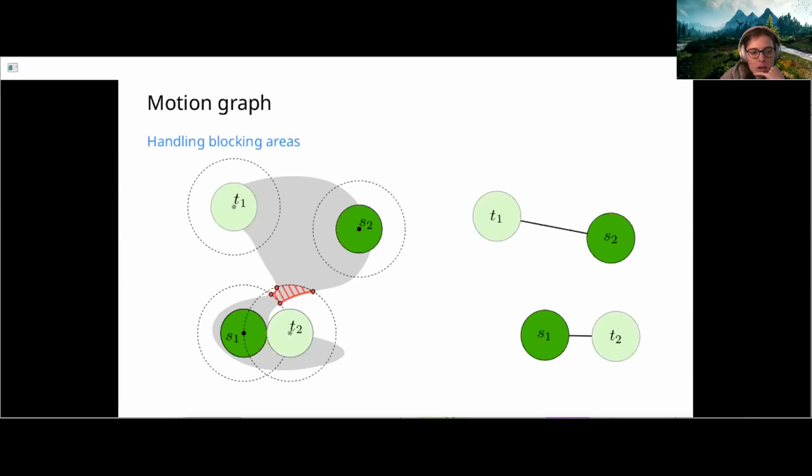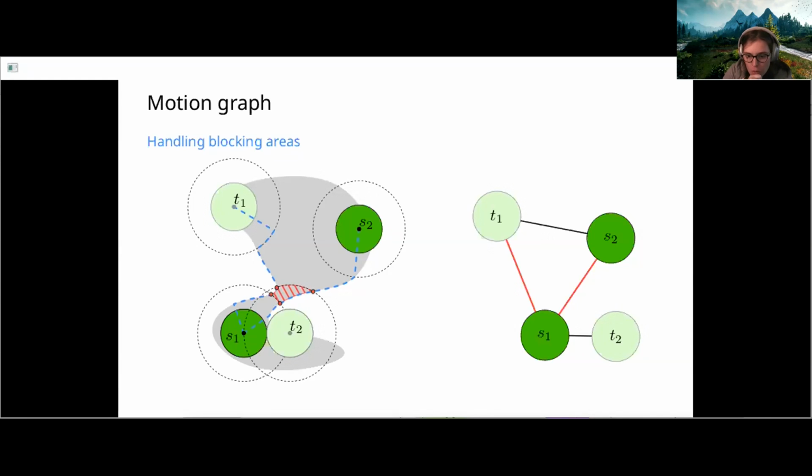The way that we do it is we connect the start node that contributes to the creation of this blocking area to the blocking area, and then clockwise and counterclockwise to the nearest nodes on the other side of the blocking area. So here we would create these two red edges. We connect S1 to T1, traversing clockwise the area on the other side of the blocking area, and S1 to S2 in the other direction.